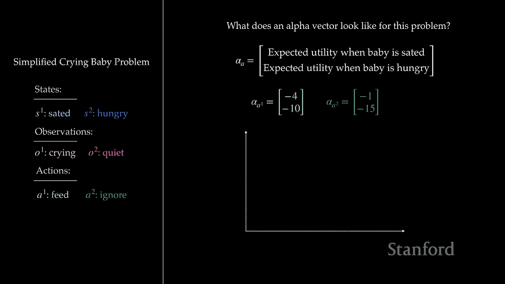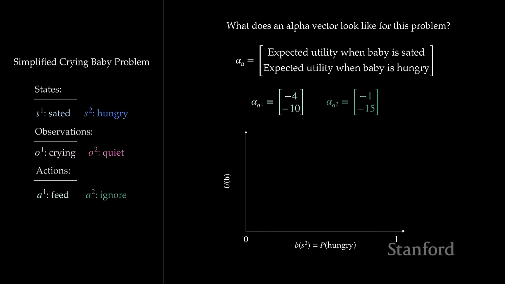And probably earlier this week you saw some plots that look like this. Because the problem is so low dimensional, we can actually plot what these alpha vectors look like, which is helpful for visualization. On this axis, we're plotting b(s2), our belief of being in the state hungry, in other words the probability that the baby is hungry.